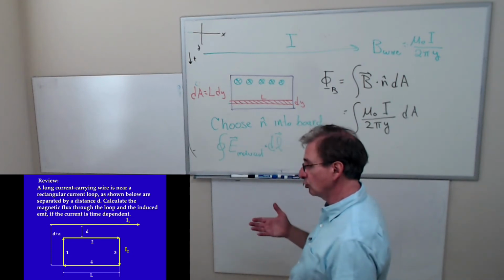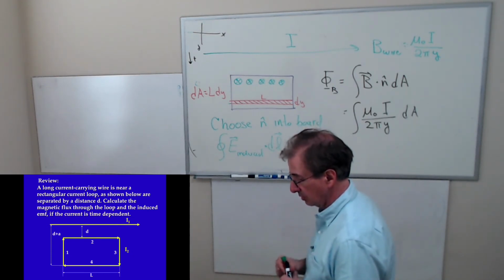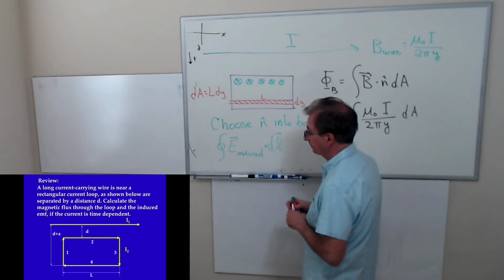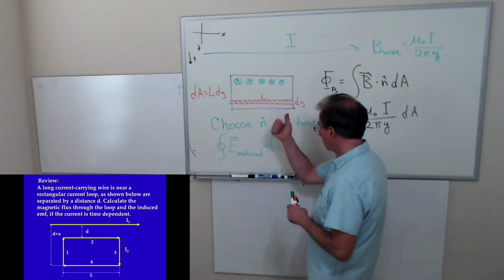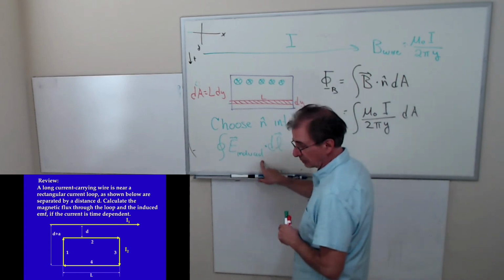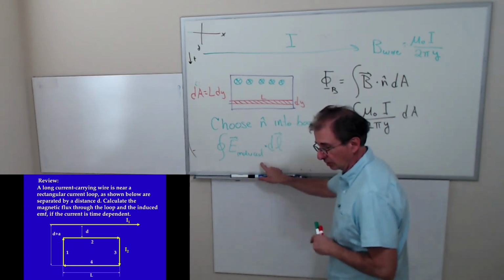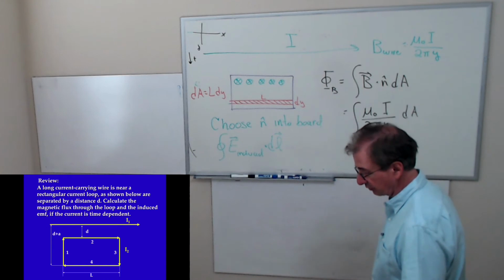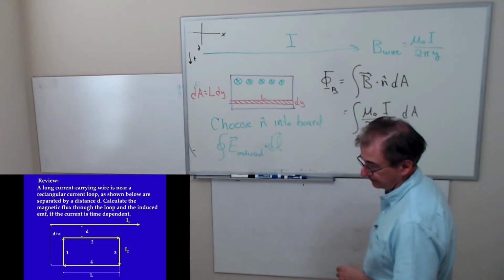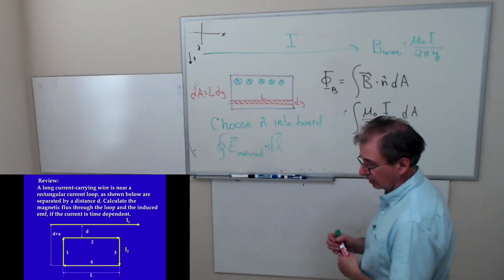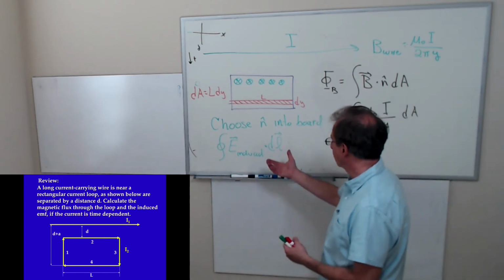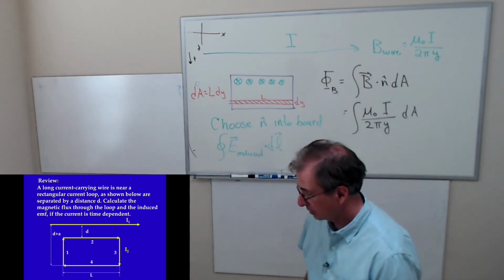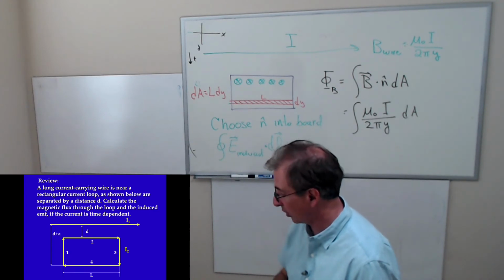However, once I choose a direction into the board, then I'm also choosing a direction for which I'm going to do this integral based on the right-hand rule, which you don't see here, but you would see in Calc 3. Once you choose the direction into the board, then I'm choosing the direction in which I'm going to integrate this. Okay, that's why it's important.